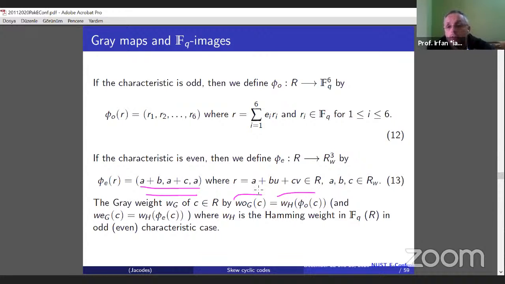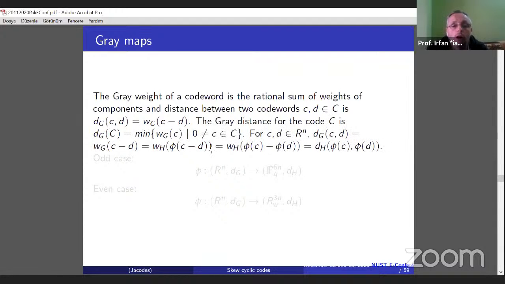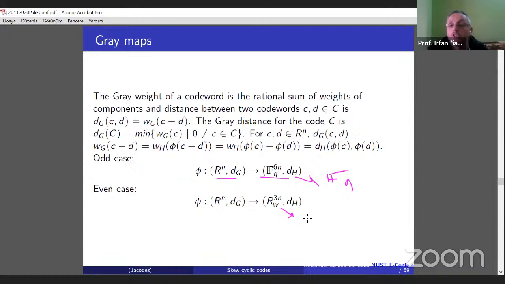So we can talk about things down on earth, and the minimum Hamming weight or minimum Gray weight are defined in the usual way. So we have maps that bring codes over the chain ring to codes over FQ, meaning fields. We cannot go further, or we can if we want to, but the structure may not hold true. Okay.